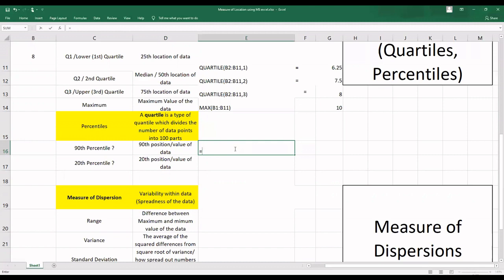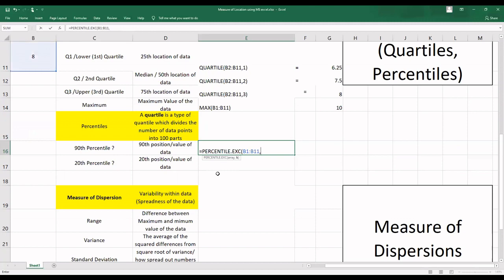Just equal, percentile, with the k value as 90th. We want to find it using the data in column B, B1 colon B11, comma.